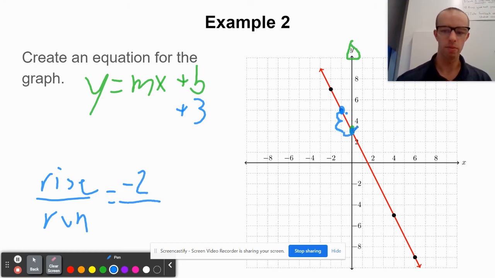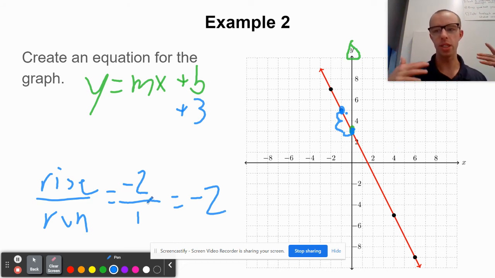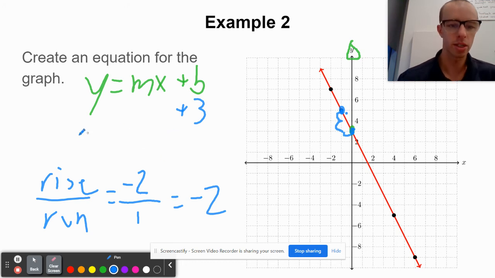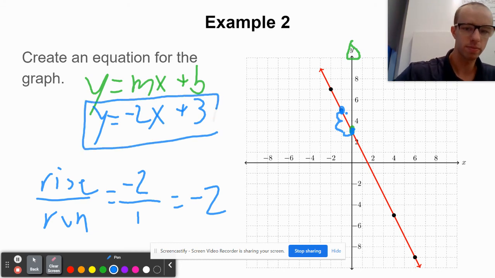And then I go over 1. So my slope here is negative 2 over 1. I could simplify that to negative 2 if I'd like, because negative 2 divided by 1 is negative 2. Fractions are just division. So I can write this equation as y equals negative 2x plus 3.